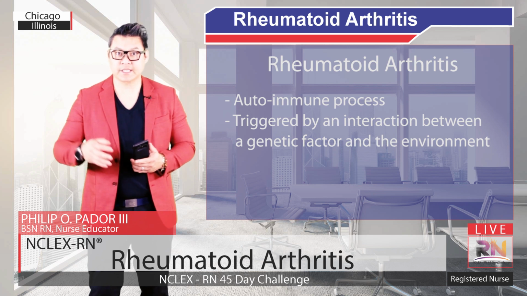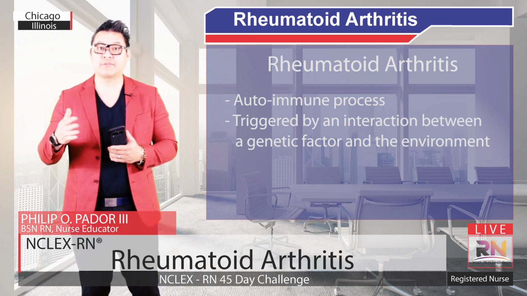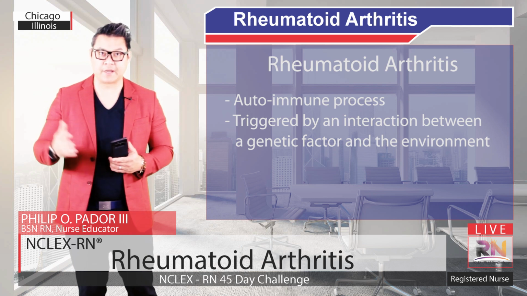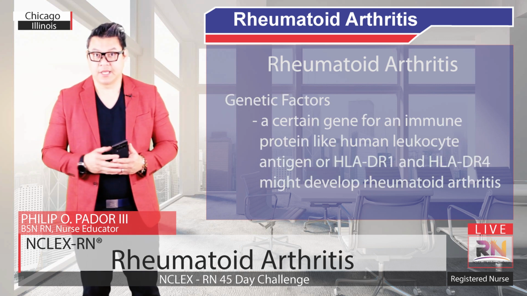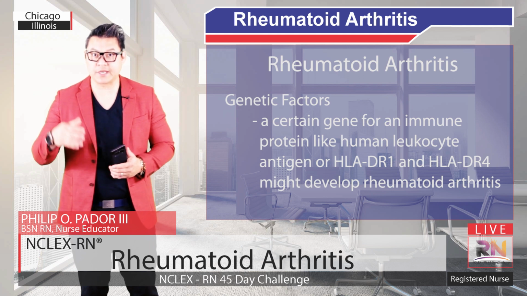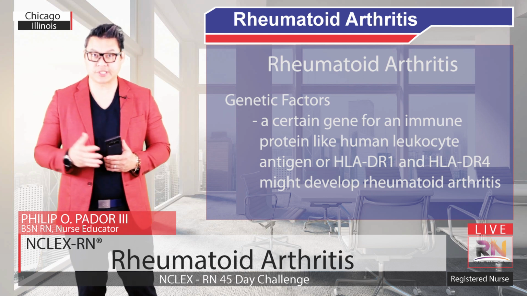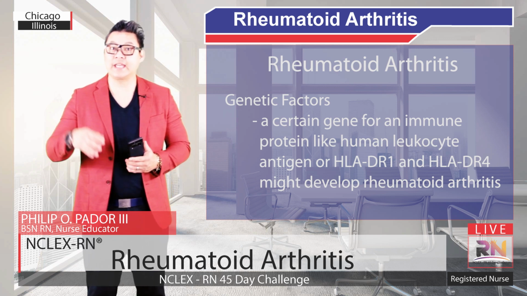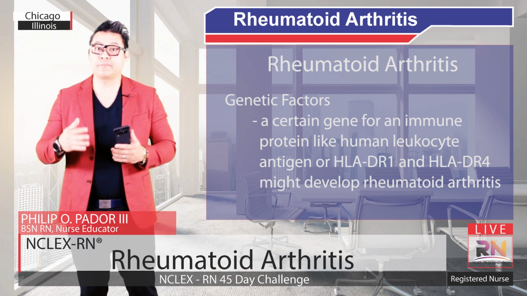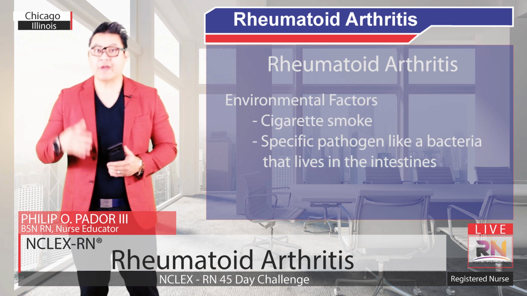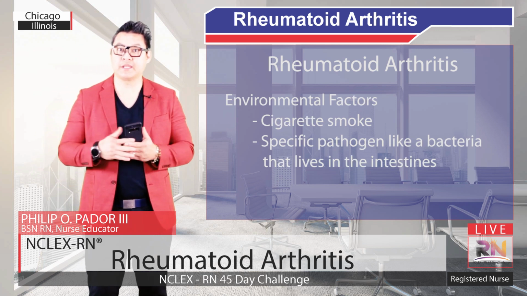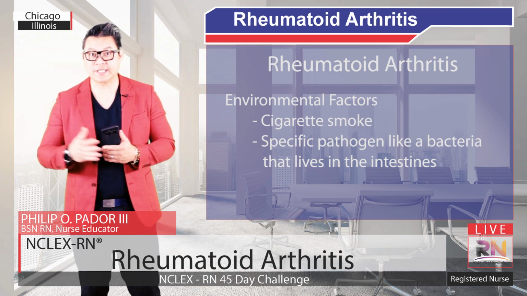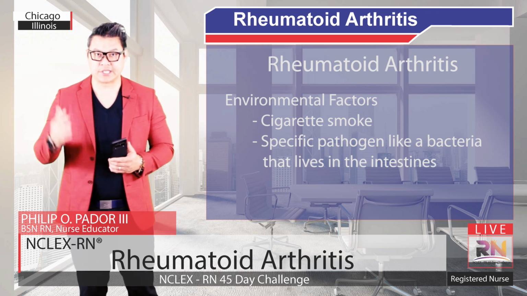Rheumatoid arthritis is an autoimmune process that's typically triggered by an interaction between genetic factors and the environment. For example, a person with a certain gene for an immune protein like human leukocyte antigen, or HLA-DR1 and HLA-DR4, might develop rheumatoid arthritis after getting exposed to something in the environment like cigarette smoke, or specific pathogens like bacteria that live in the intestines.